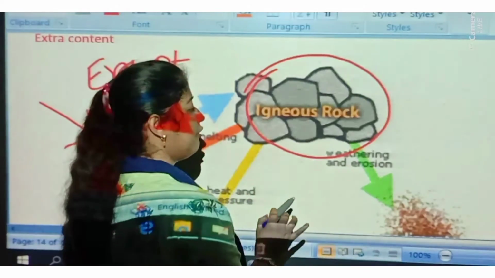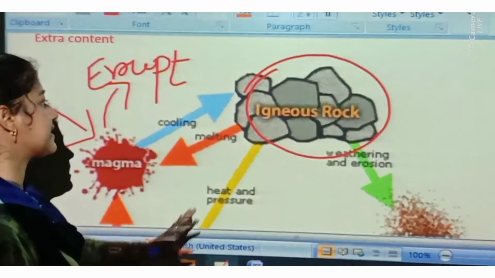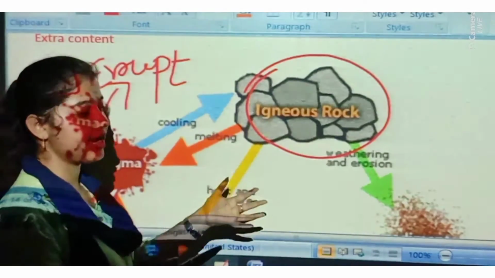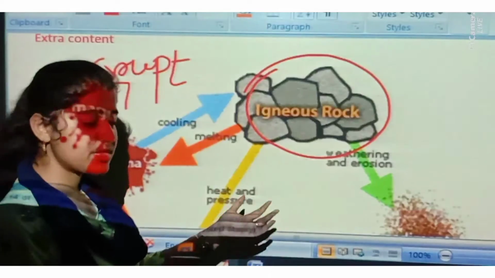So igneous rock basically cools down, gets compacted, and creates layers and crystalline composition.